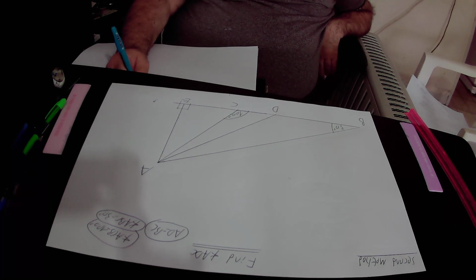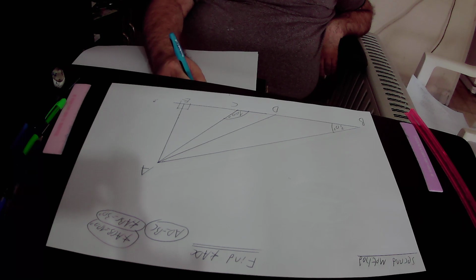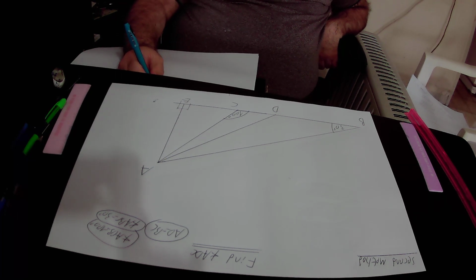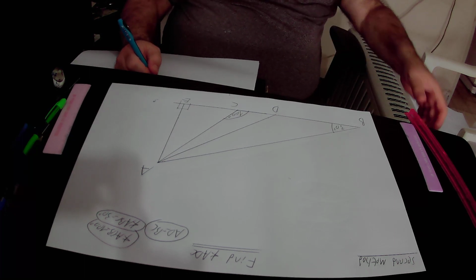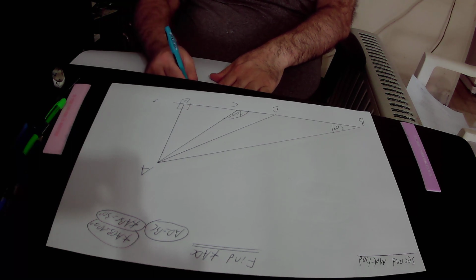I will write it down. Line segment BE is a straight line.